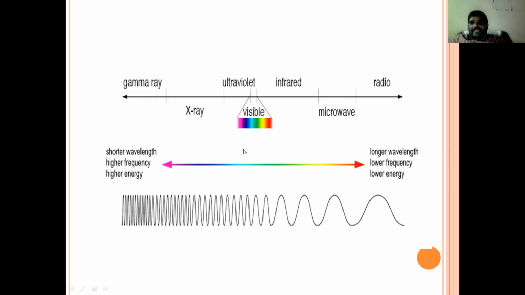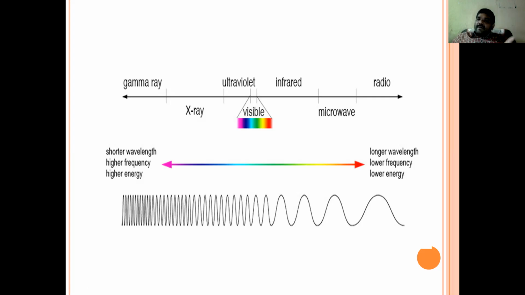The wavelength, see here, this is one of the images that belongs to electromagnetic radiation with respect to wavelength. When we are moving towards gamma rays, the wavelength will be shorter and the energy will be high. When we are moving towards radio waves, the energy will be low and the frequency will be low.